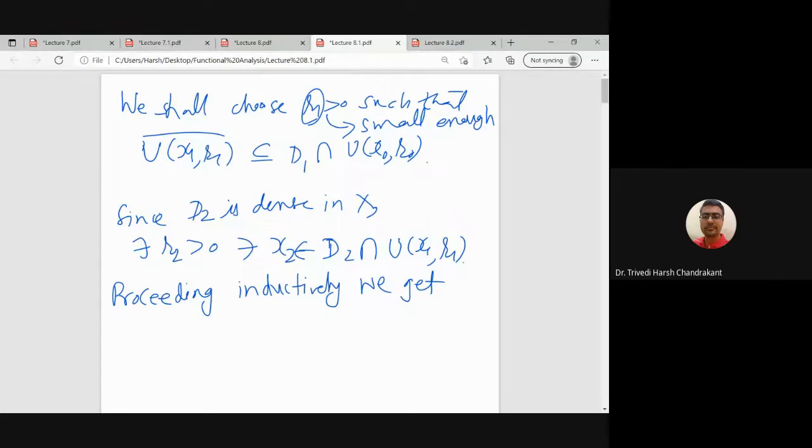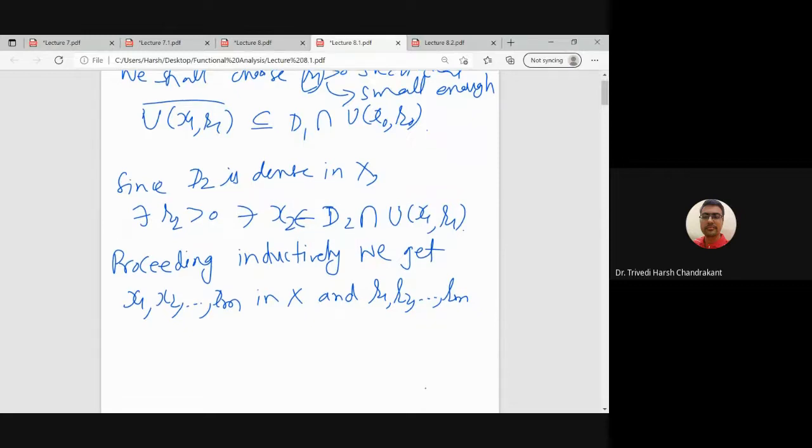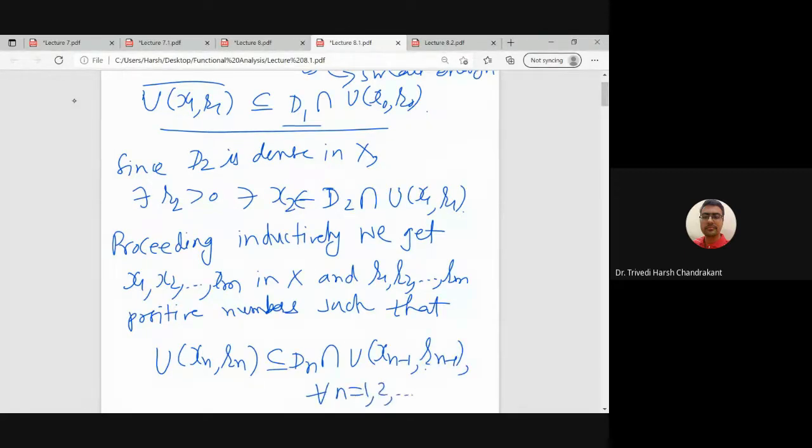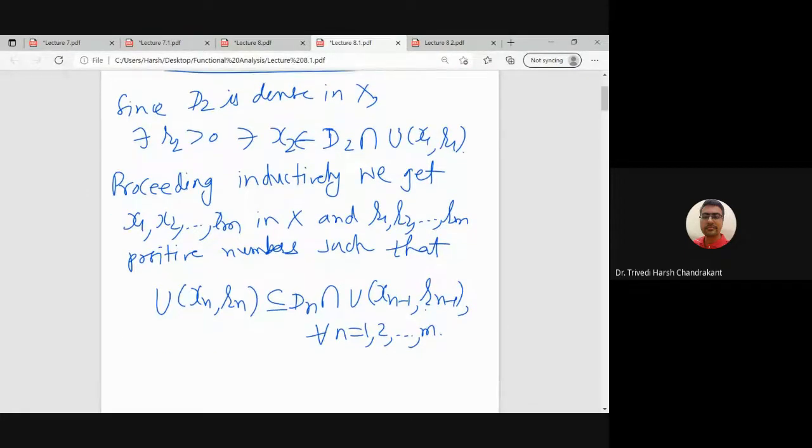By mathematical induction we get radii R1, R2, Rm, positive real numbers such that, inductively, U(Xn, Rn) at the nth stage is a subset of Dn intersection U(Xn minus 1, Rn minus 1) for every n equal to 1, 2, up to m. So this is what we get by mathematical induction.